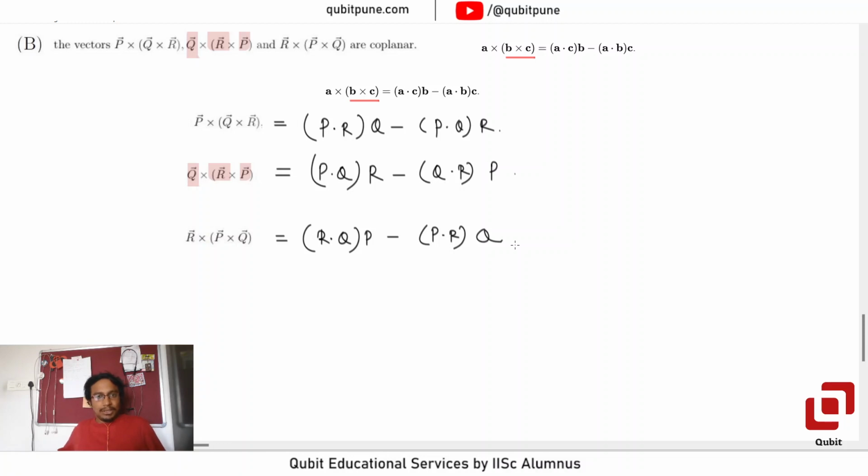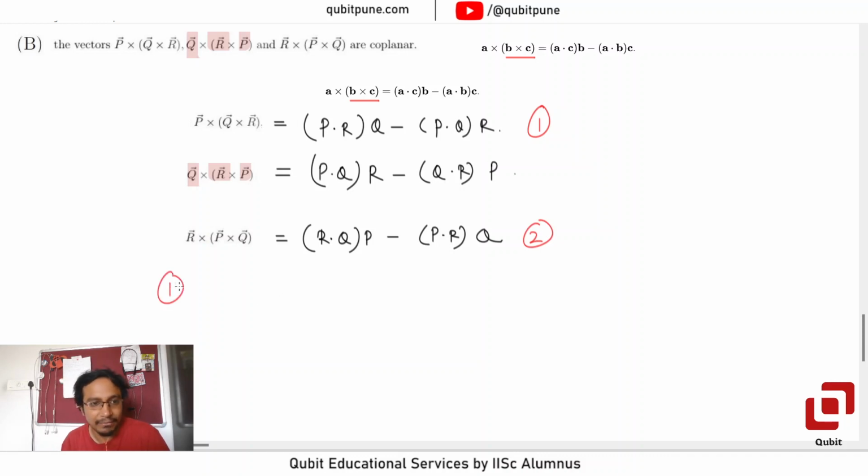Okay, so how can we conclude that they are coplanar? Do you see anything? यस मुझे भी वही लग रहा है. Like if I add this vector and this, 0 आ रहा है क्या? Sir, I don't think so because any vector is added once or subtracted twice or vice versa. Yeah. So that's what I said.